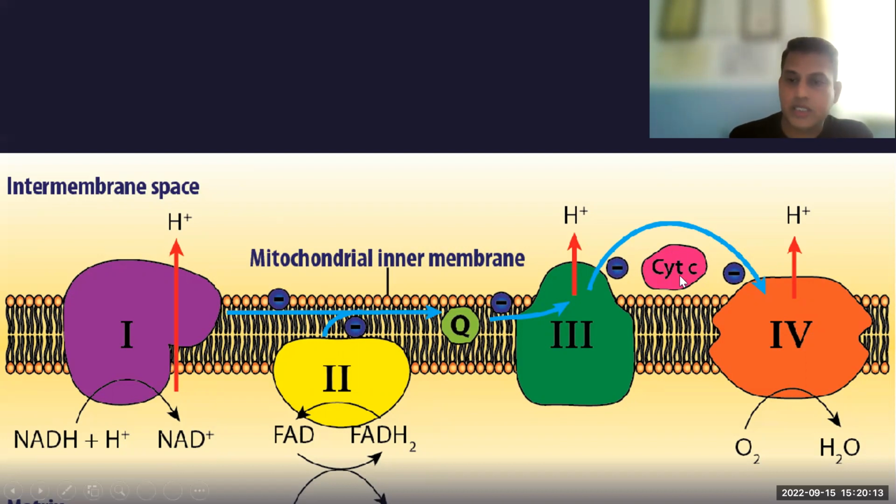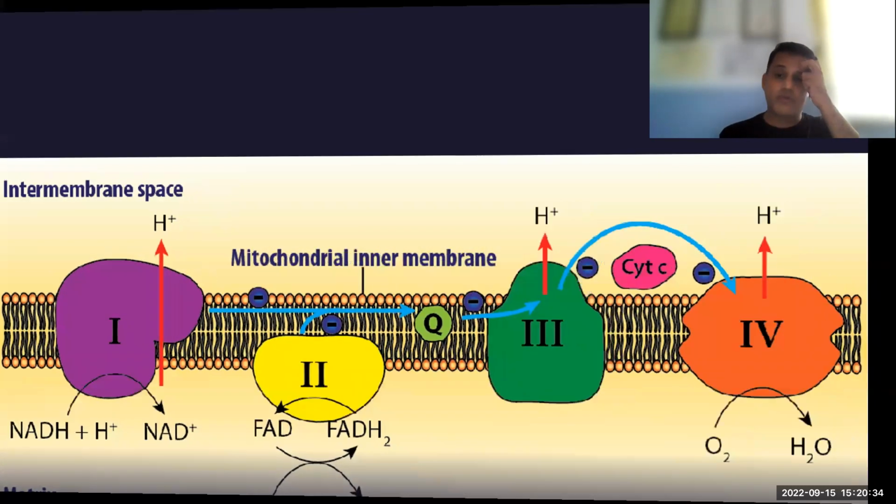Cyanide can block cytochrome C, close to the fourth level. It can block the electron transport chain and reduce production of ATP, and this is a cause for the death of the organism.